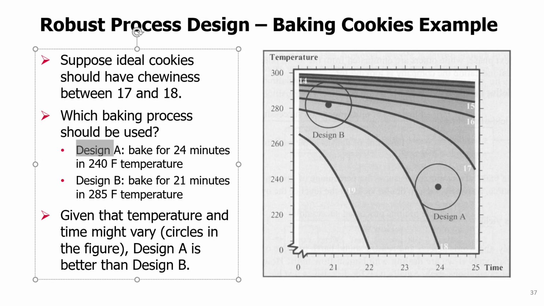The design A is much better or more robust than design B, and therefore it should be preferred. So you see, this is an example where we can design a process that can accommodate the variability, and despite variability, in this case in the temperature or in the baking time, can produce products of sufficiently good quality.